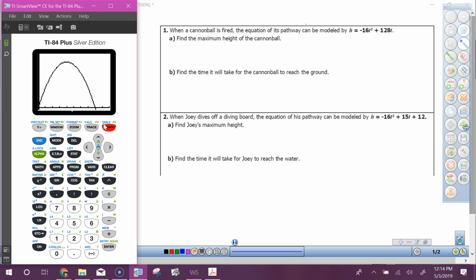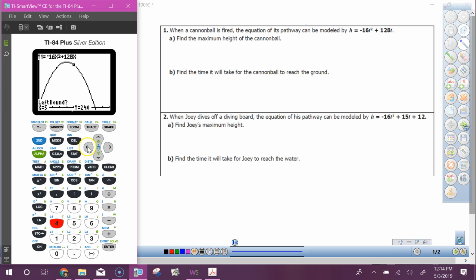All right, so now halfway down your page, because our question is find the maximum height of the cannonball. Halfway down our gold sheet, it says for maximum height, what should we hit? All right, so we're going to hit second, trace, 4, and then there's this picture that says maximum, and it's got a little star where the left bound should be and where the right bound should be.